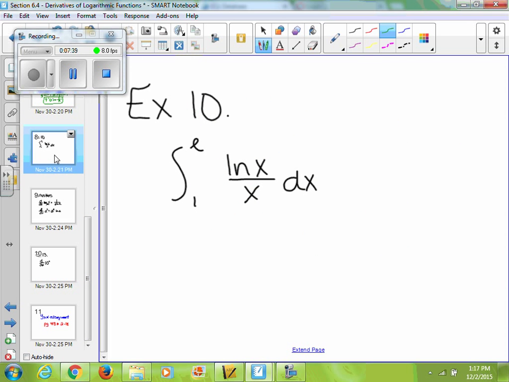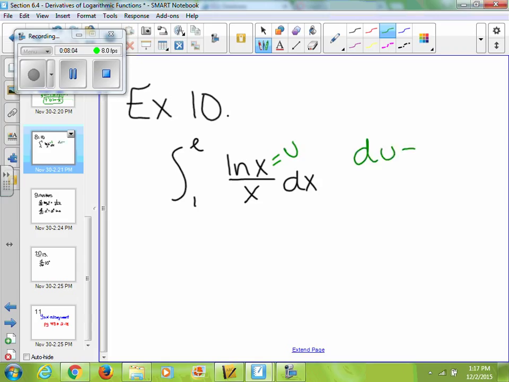Alright, now if I look at example 10, I'm given the integral from 1 to e of natural log of x over x dx. I'm going to let u be natural log of x.